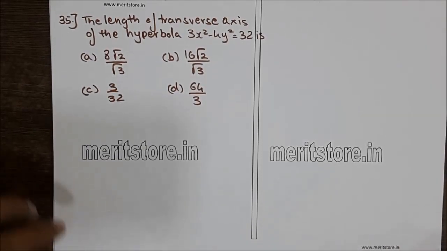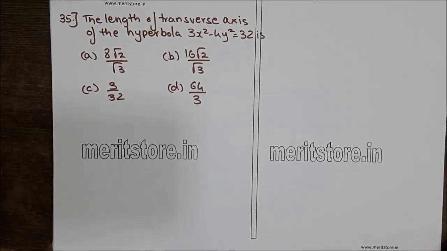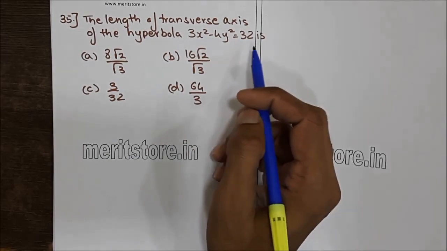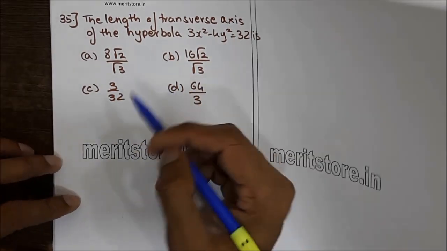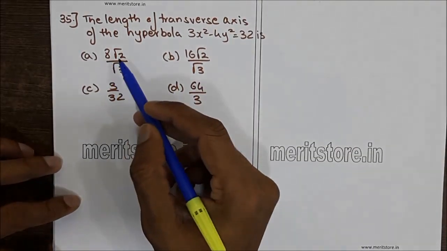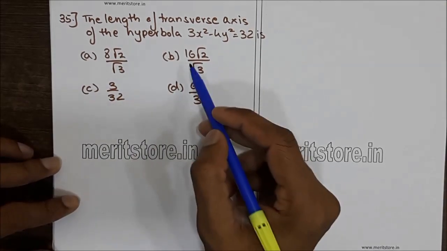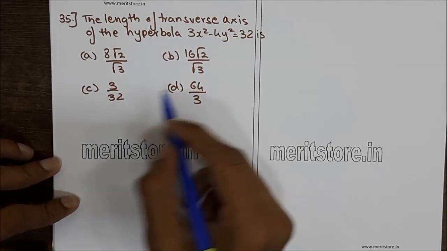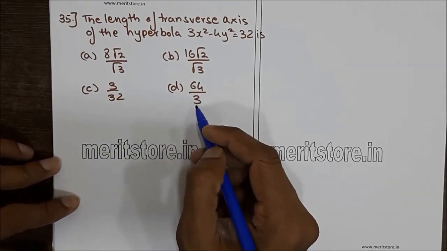Question 35. The length of transverse axis of hyperbola 3x square minus 4y square is equal to 32 is, we have 4 options: A 8 into root 2 by root 3, B 16 root 2 by root 3, C 3 by root 2, D 64 by 3.